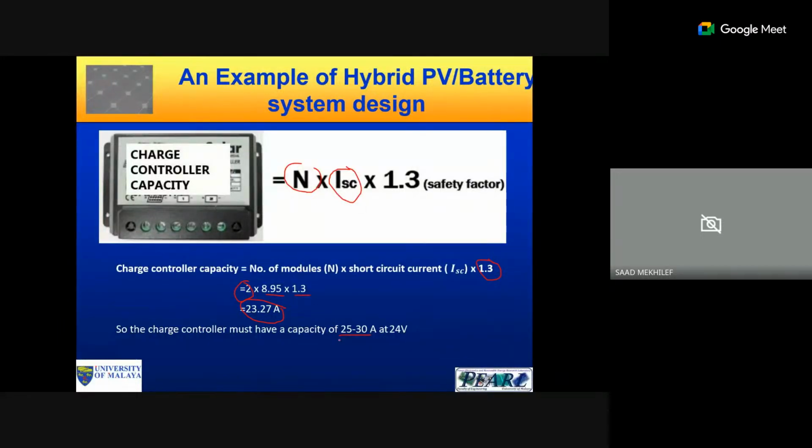Okay. Any other questions? If there are no questions, let me go back to the inverter. This is what I call rough calculations. Where is the button to stop and show this?